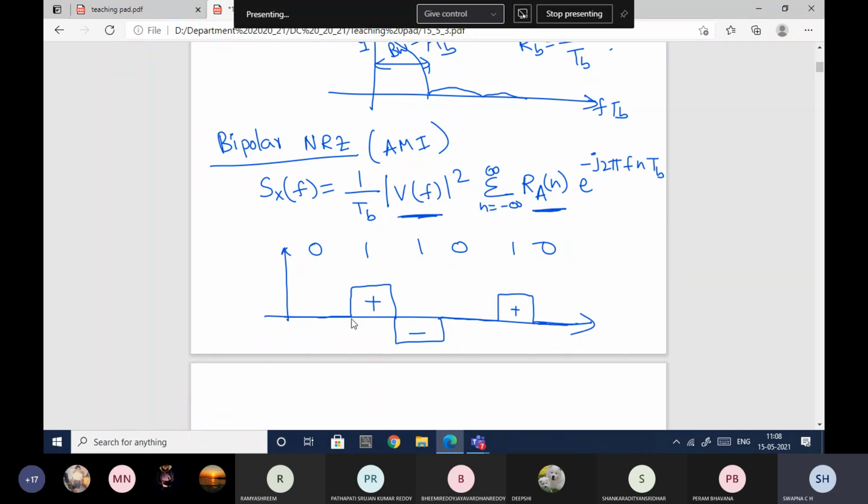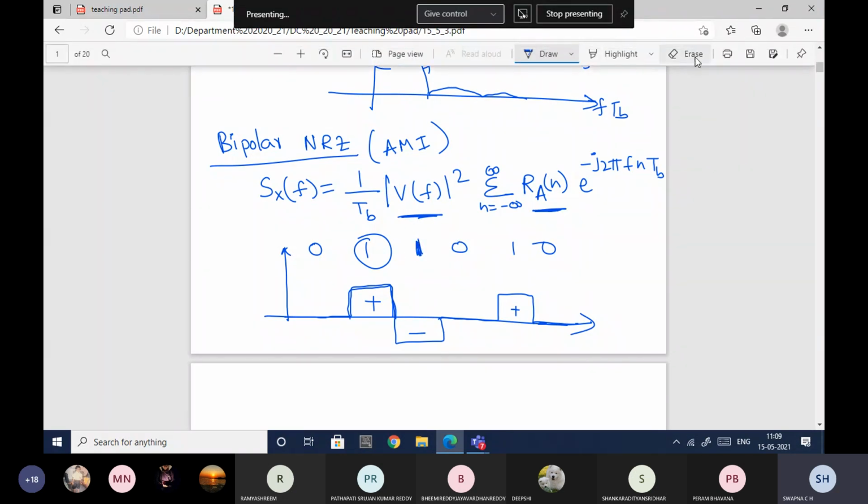If you observe here also, for the one I have a positive pulse, and for the next alternate one it will be negative. Whenever you are representing the next one, it will be the complement of the previous one. Anyway, here we are taking the mod, so when you take V of f, even if you get some negative value, since it is modulus, it will become positive only.